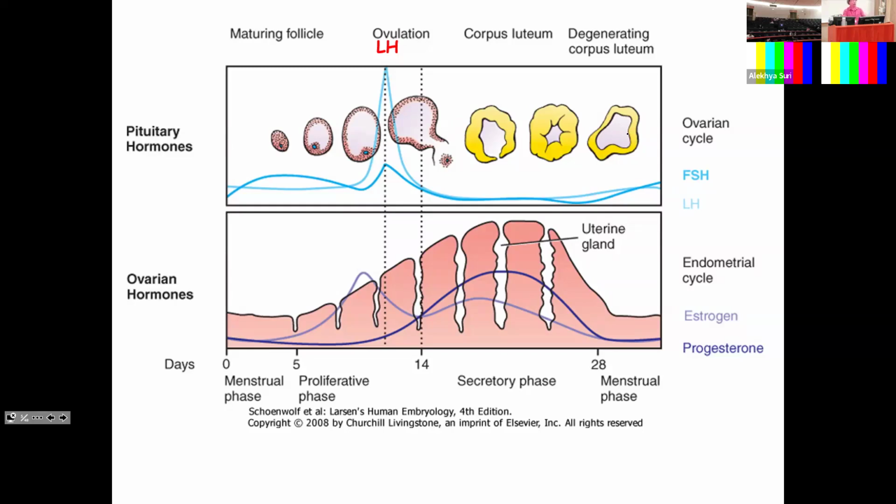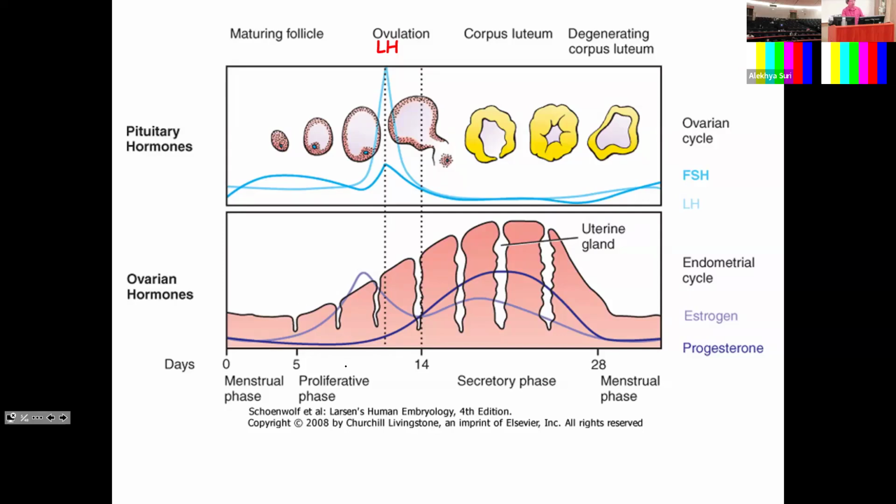I'm repeating all these concepts because they are so important. Okay, and also the maturation of the follicle, and at the uterus level, you can appreciate here that we have estrogen playing a role during the proliferation stage in which the endometrium is growing and growing.